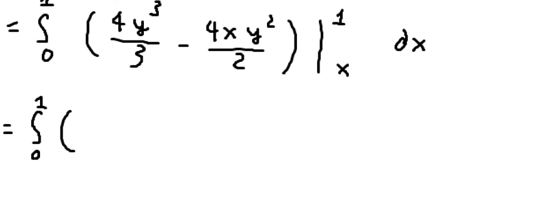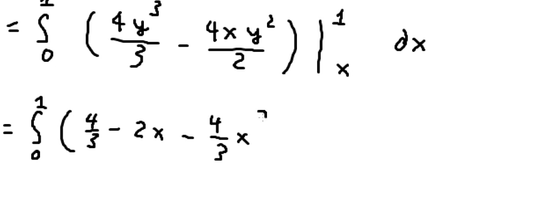And now we have 4 over 3 minus 2s, minus 4 over 3 s to the power of 3 plus 2s to the power of 3.